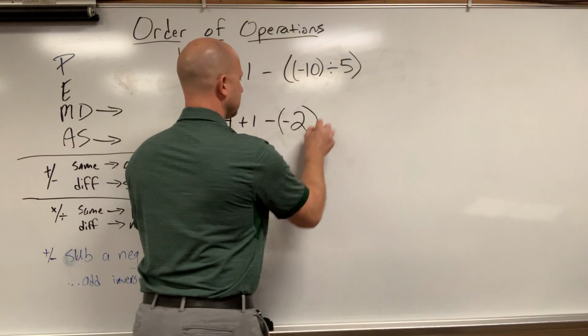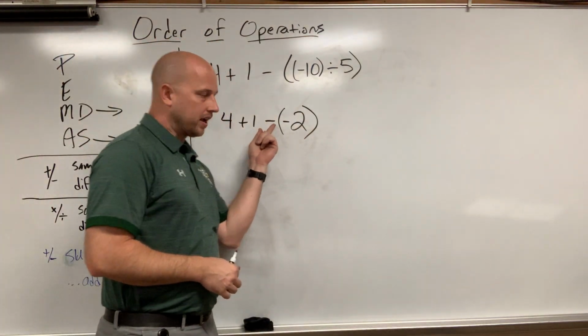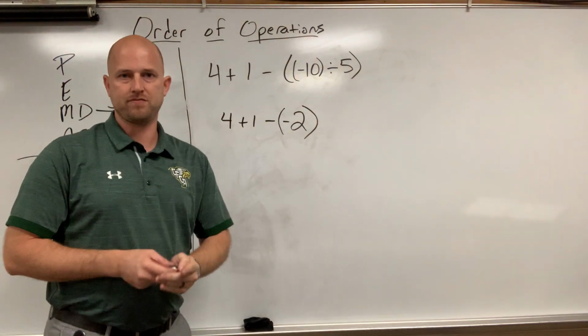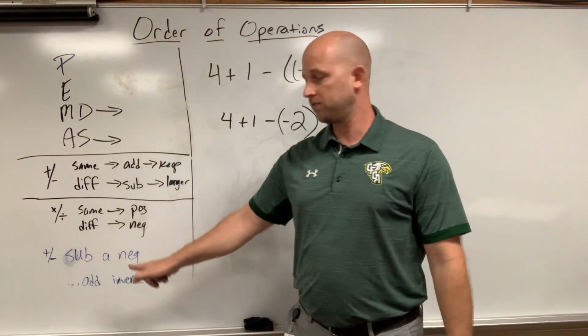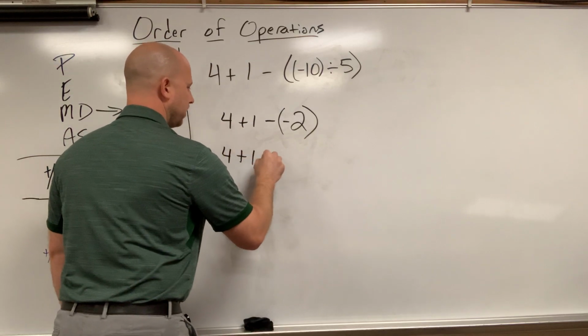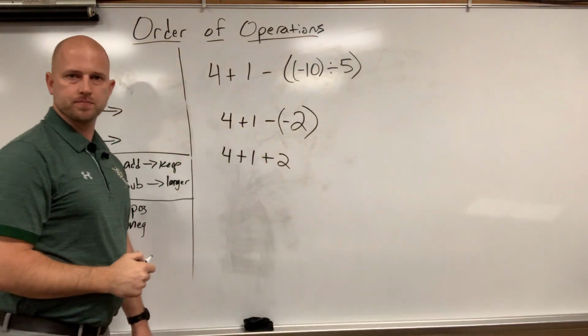So this is actually a negative, okay? You should see this right here, this minus and negative. Let's go ahead and fix that now. Remember down here in blue, when you're subtracting a negative, you add the inverse. So let's rewrite that. 4 plus 1, adding the inverse, this just becomes addition, plus 2.